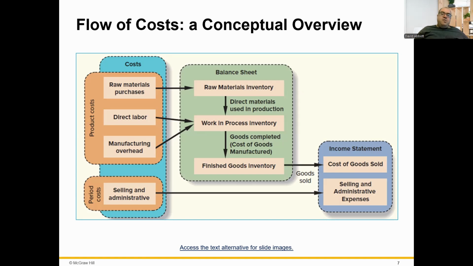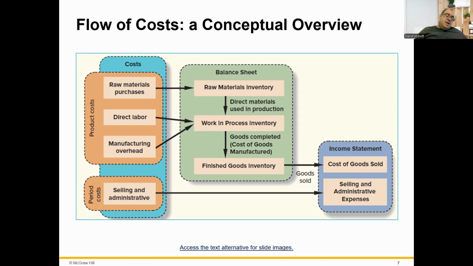And then when raw materials are used in production as direct materials, their costs are transferred to the work in progress inventory account. So we still have them, they just get transferred into another account. So credit the raw materials inventory, and then we can debit our work in progress inventory to add it to work in progress.